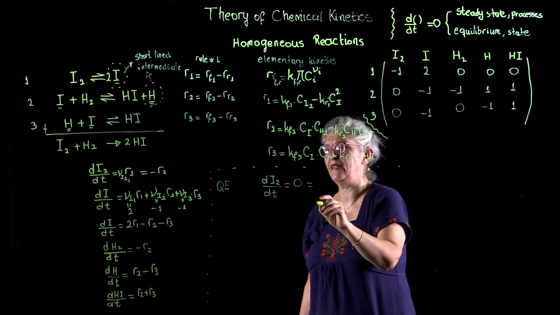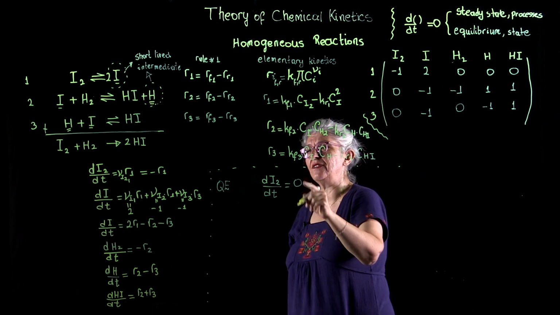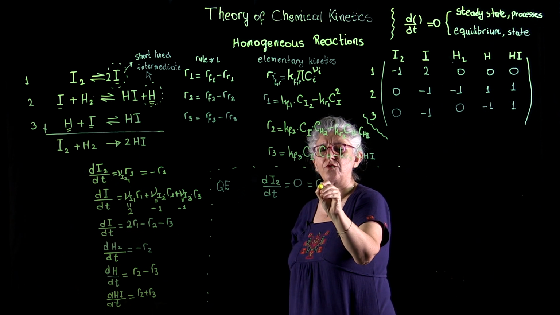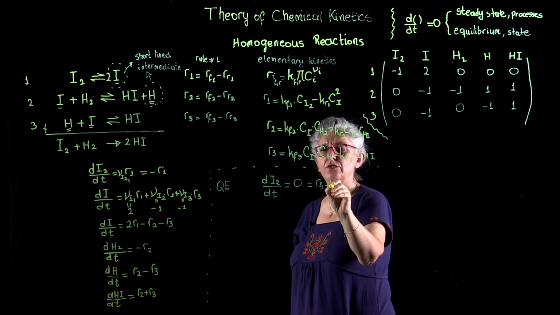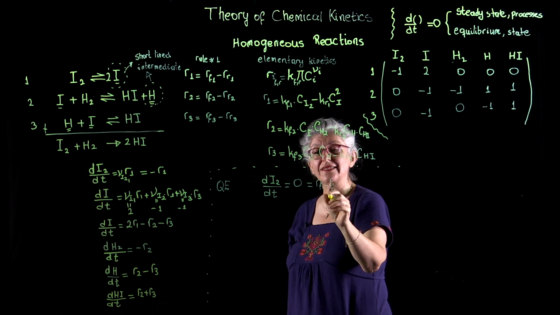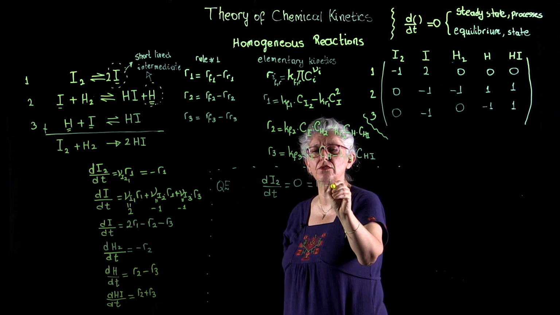So it says that rate 1 is equal to 0, or rate forward 1 minus rate reverse 1 is equal to 0.